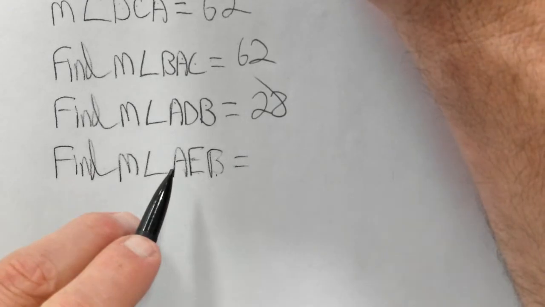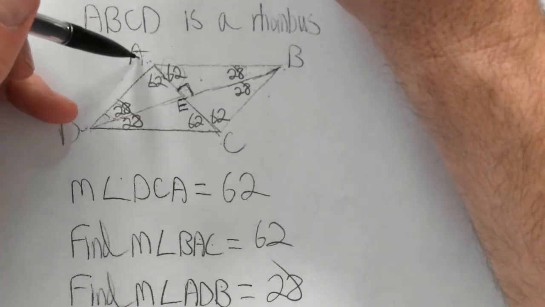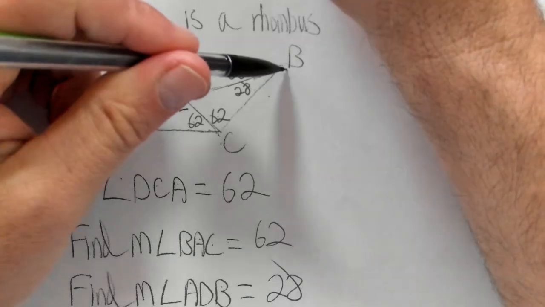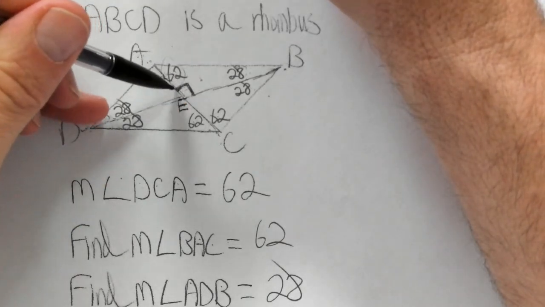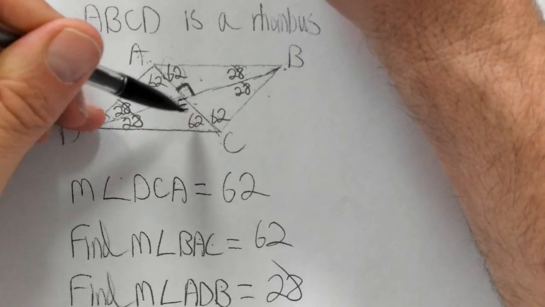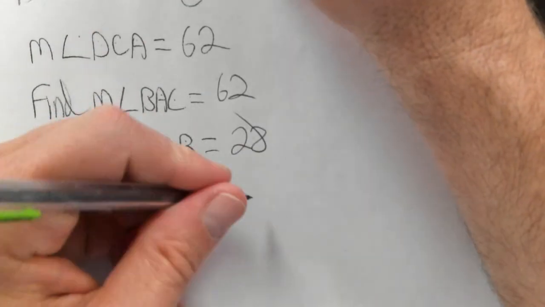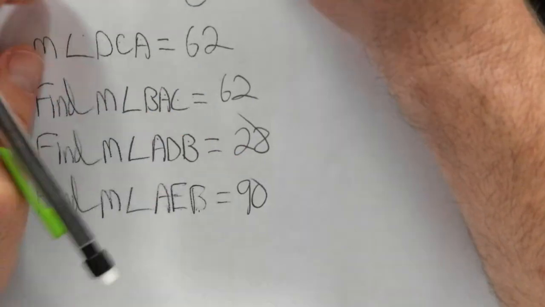And then the last one, angle AEB. All right, let's find that. AEB is already marked for us. It's 90 degrees, and as a matter of fact, any one of these four in the center would be 90 degrees. Why? Because the diagonals are perpendicular. All right, so there you go.